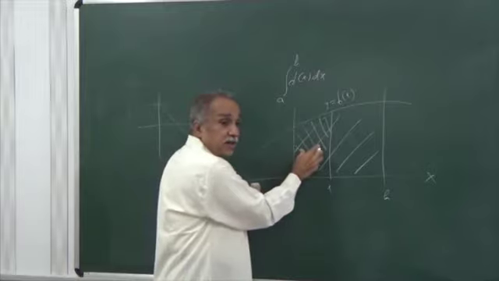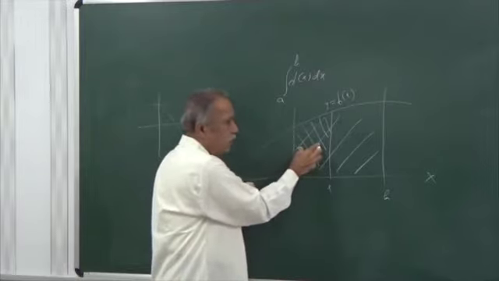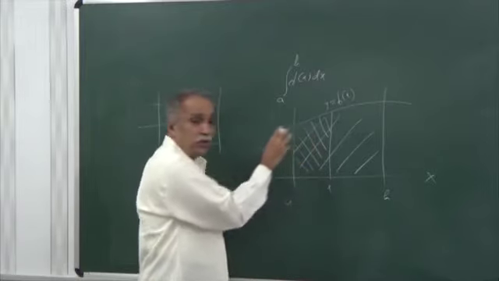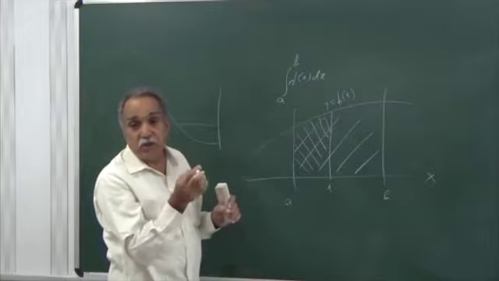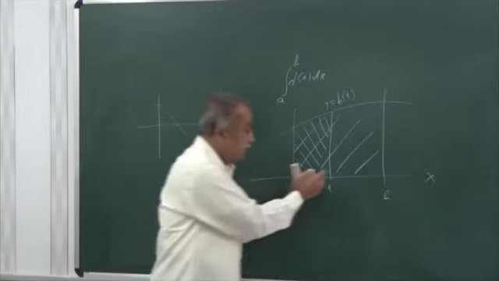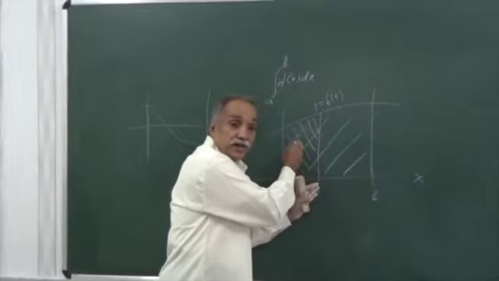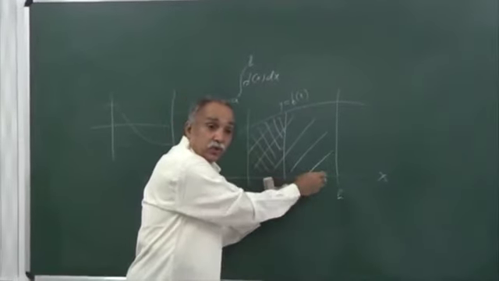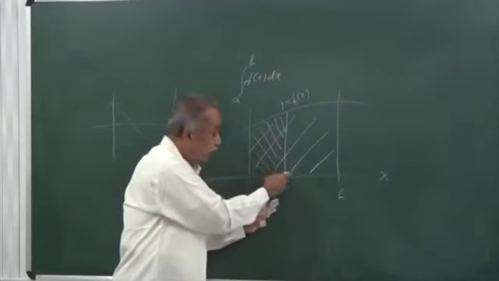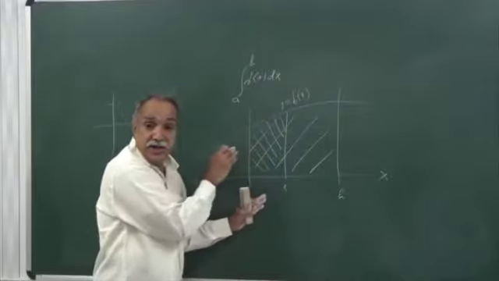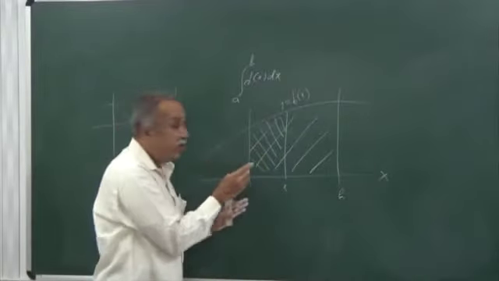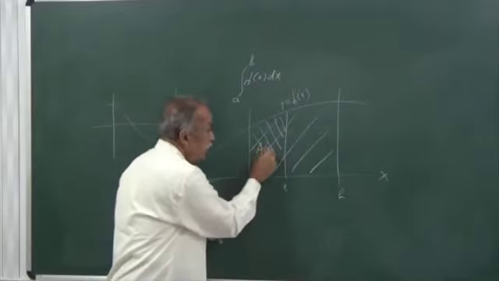Clearly, the value of this area, the magnitude of the area, is a function of x. As x moves, as this ordinate moves, the size of the area also changes. If you move to the right, area will be increasing. If you move to the left, area will decrease. It's clearly a function of x, so I may denote it by A of x.